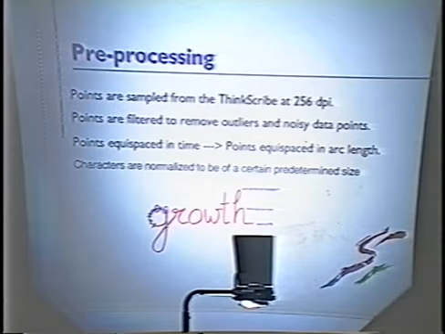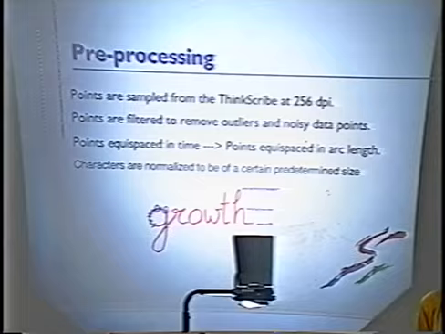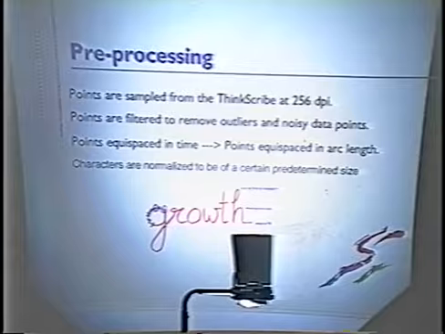But the histogram is typically very, very noisy, and there are a number of things we do. So we maintain a history of normalization factors and use that to guide our normalization as we're going along. We also allow for non-straight line baselines. So we actually look at piecewise linear baselines, so that if people don't write on a straight line baseline, we are able to correct it as we're going along.